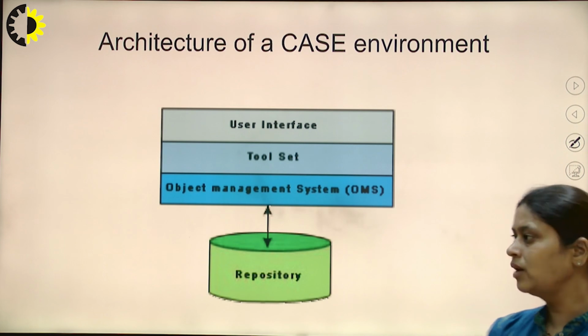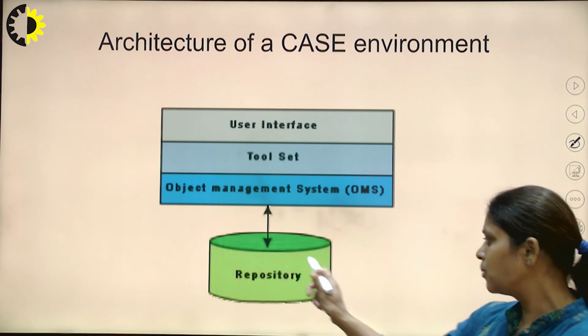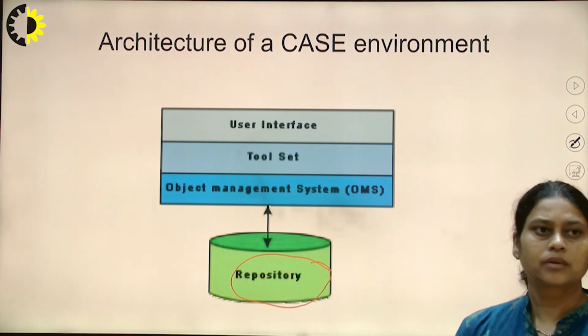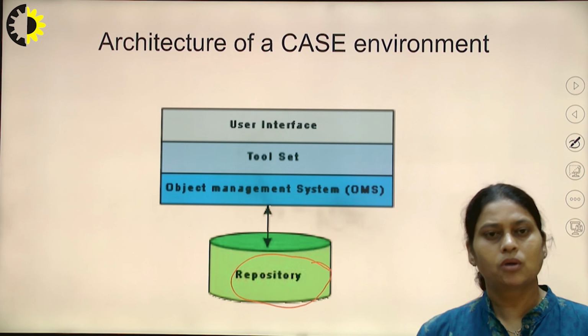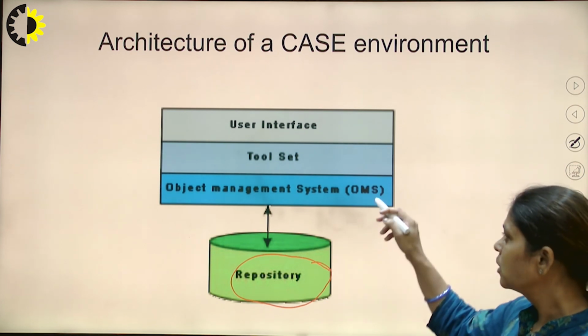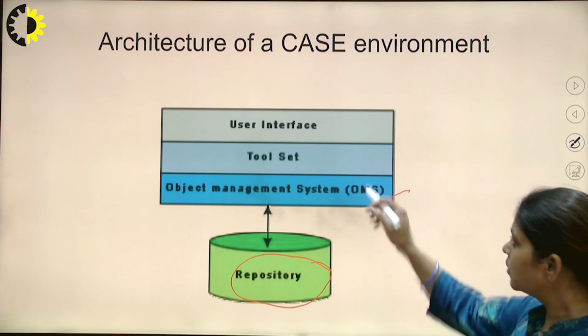If we look at the architecture of this CASE tool, this is the repository of the CASE tool, where the data about the project is stored. Then this is our object management system. This is our tool set.